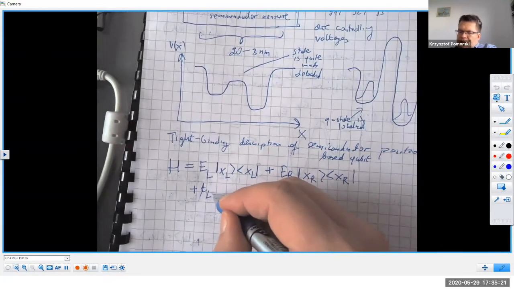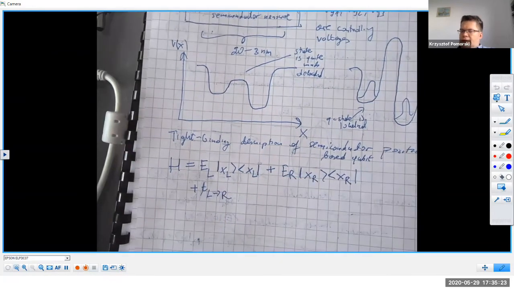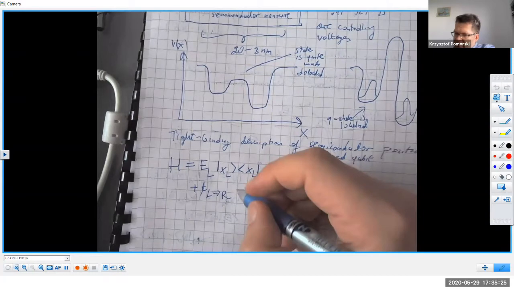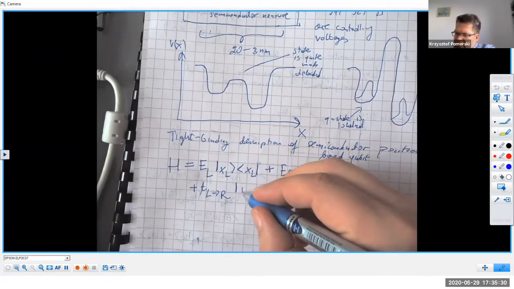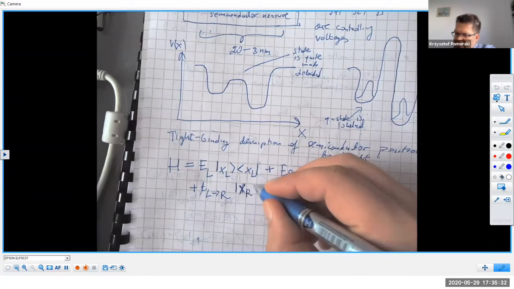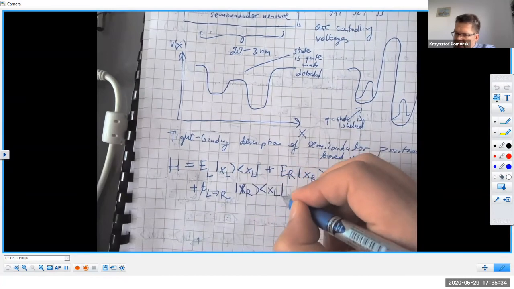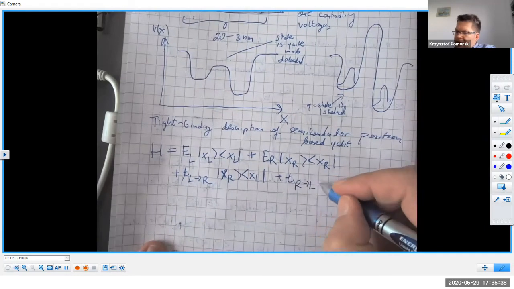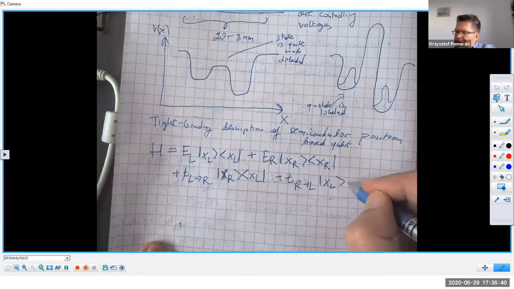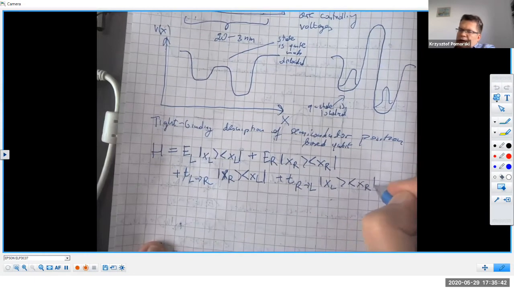Tunneling from left to right, so it will be like that. And tunneling from right to left, like this.